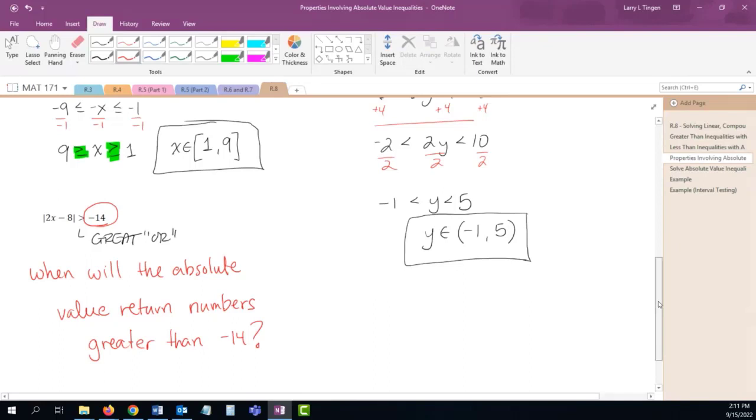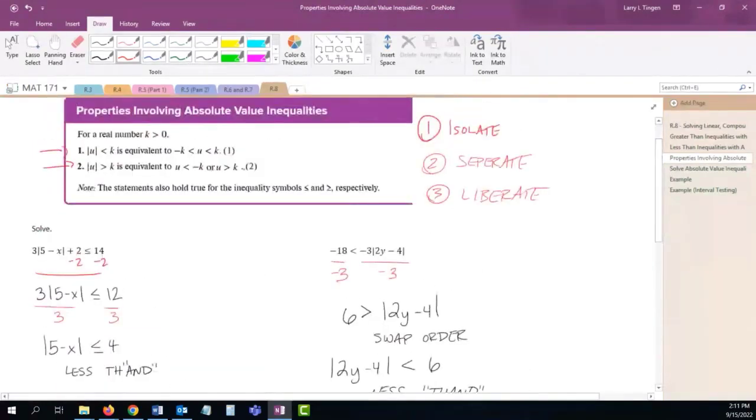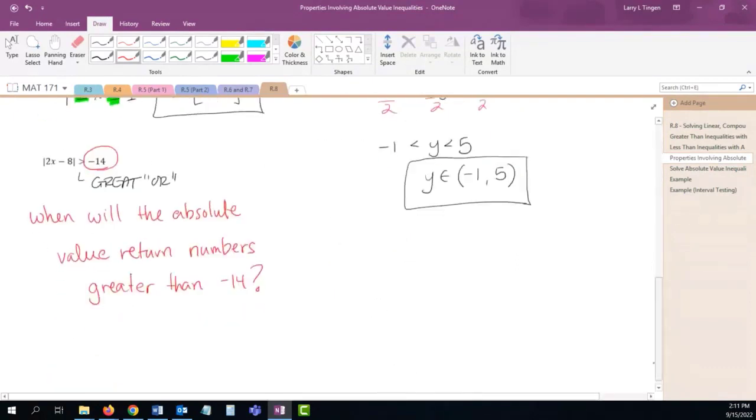Well, what's the rule? The rule for us is that for a real number k greater than 0, these are the cases. This is k is greater than -14. Can the absolute value return negative numbers? Is that possible? Is there any number that if I take the absolute value of it, I get out some negative number? Is that possible?